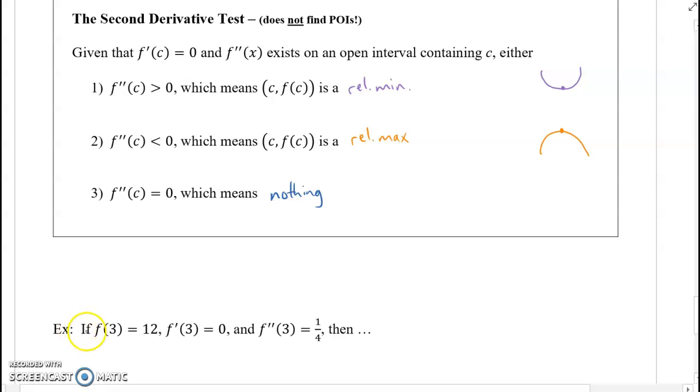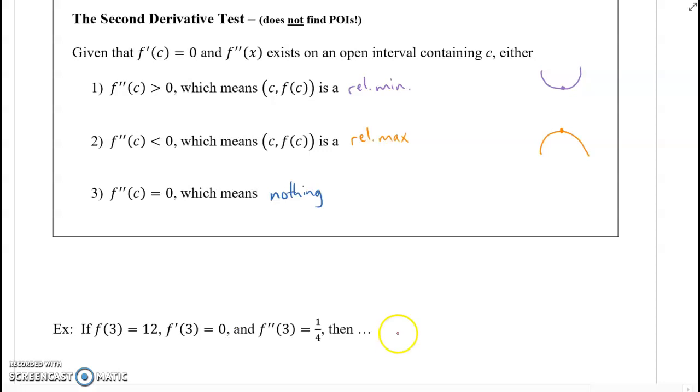So here's a quick example. f of 3 equals 12, f prime of 3 equals 0, f double prime of 3 equals 1/4. Well, the requirement here is that the first derivative equals 0. So if the first derivative equals 0 and the second derivative is positive, then we must have a relative minimum. What is that minimum?